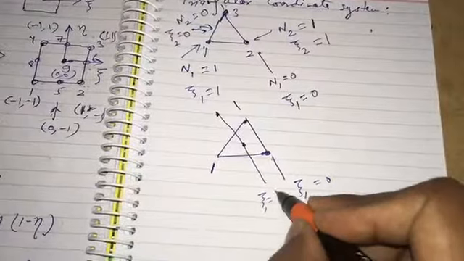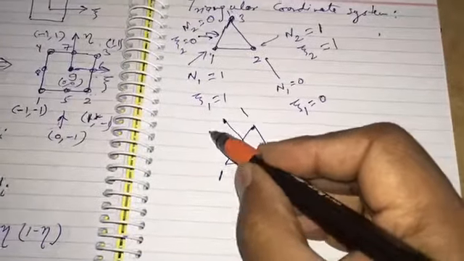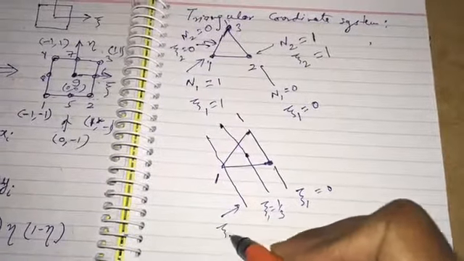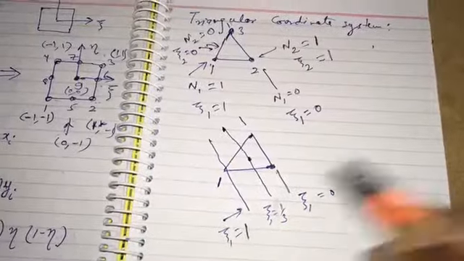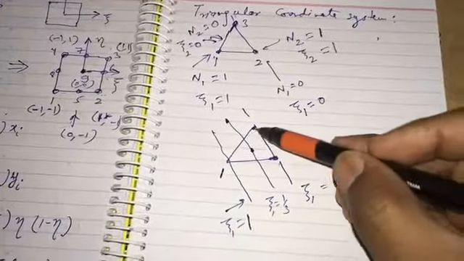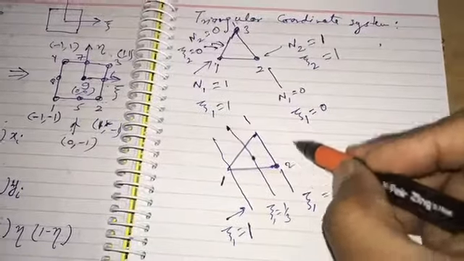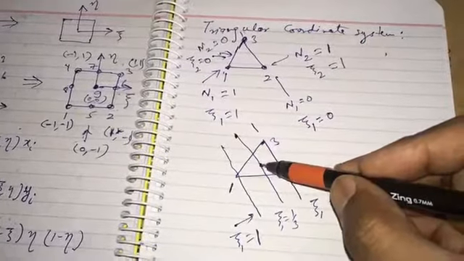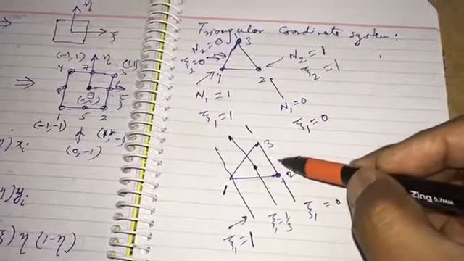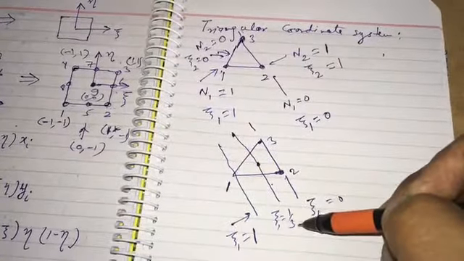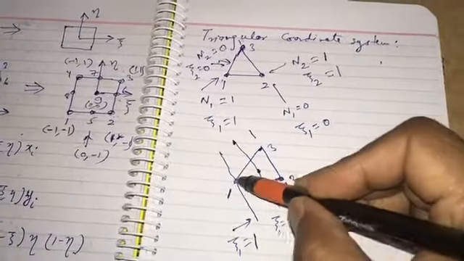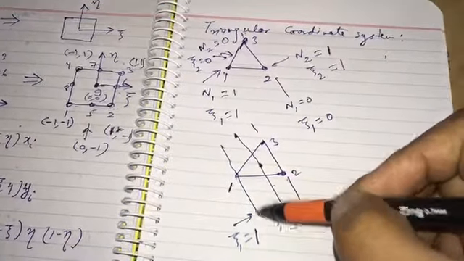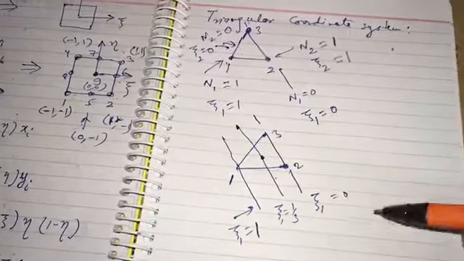There xi 1 will be 1/3, and then a parallel line if you draw here, xi 1 becomes equal to 1. So the line between 2 and 3 has xi 1 equal to 0, a line through the centroid but parallel to line 2 3 represents xi 1 equal to 1/3, and a parallel line through node 1 will represent xi 1 equal to 1.